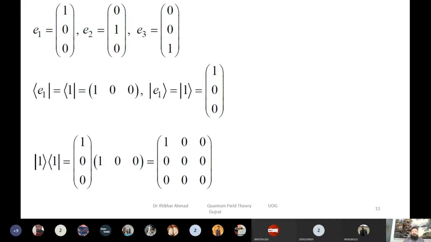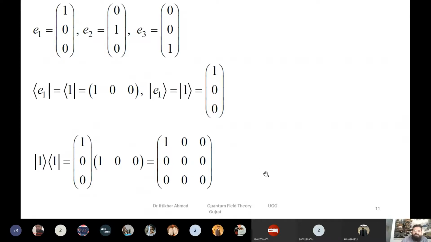When you multiply ket with bra, 1 0 0 and 1 0 0, it means 3 into 1 and 1 into 3, so the resultant has order 3 into 3. So this is 1 0 0, 0 0 0, 0 0 0. This is the matrix representation of the above operator.